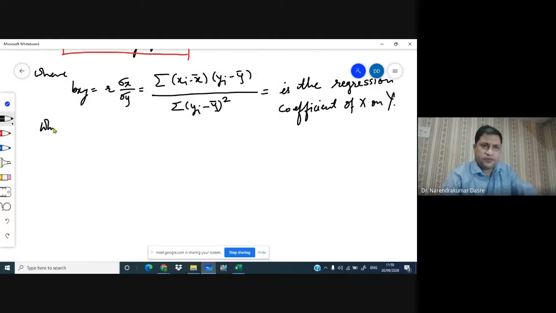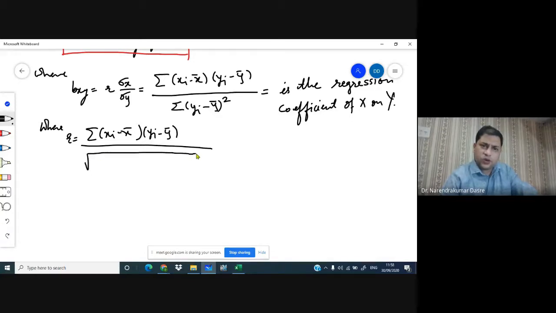So where r is equal to summation xi minus x bar yi minus y bar upon square root of summation xi minus x bar square into summation yi minus y bar square. What is sigma x?